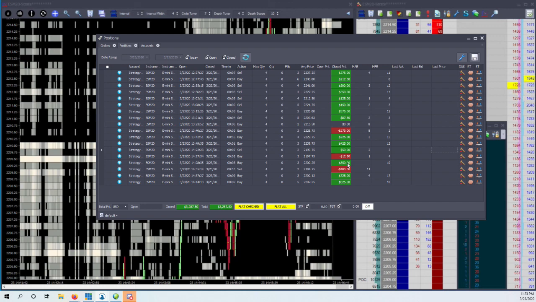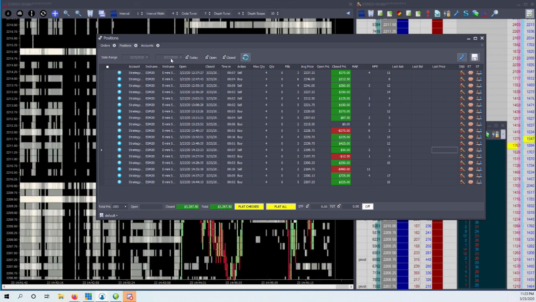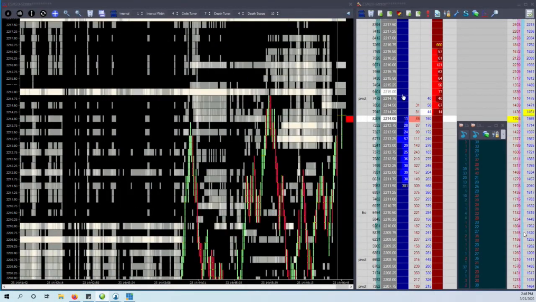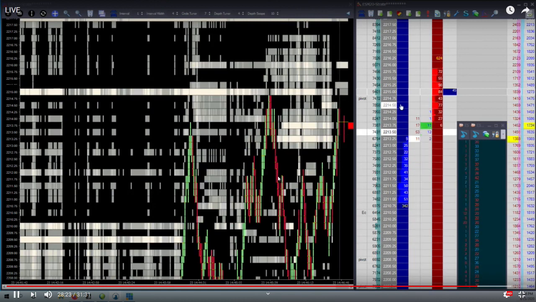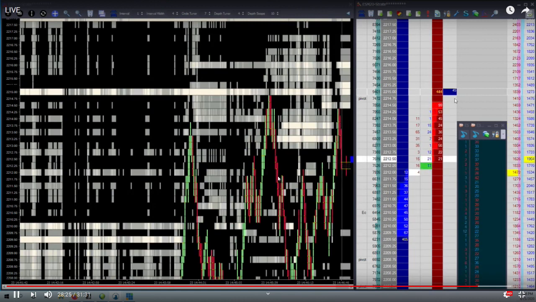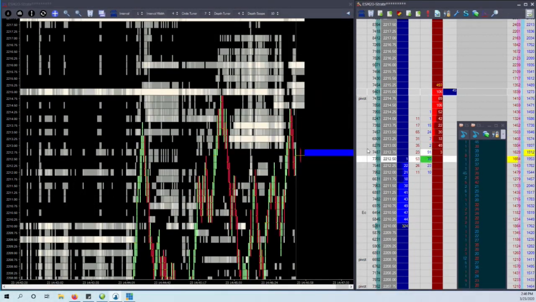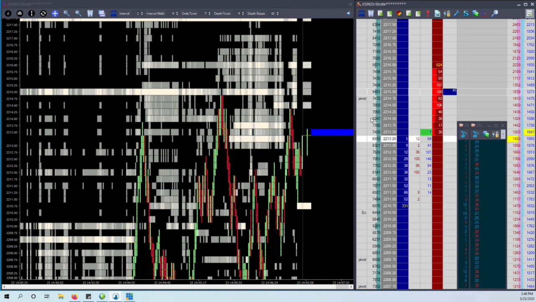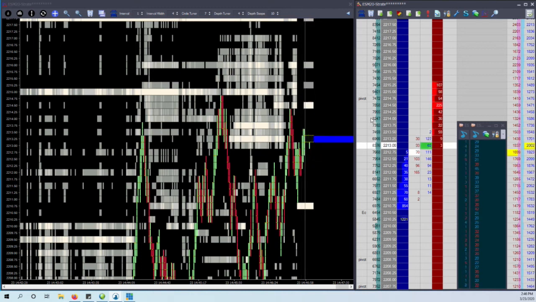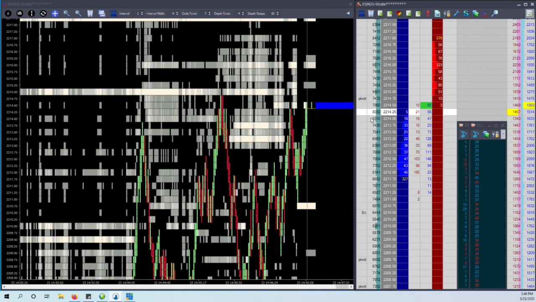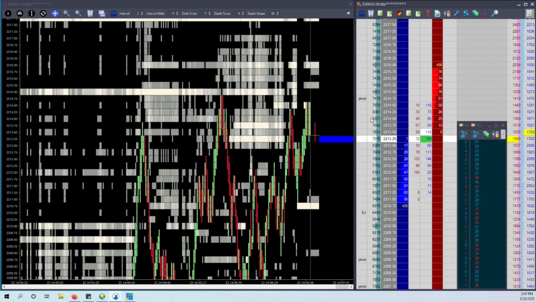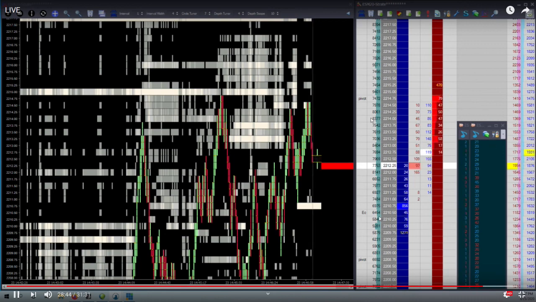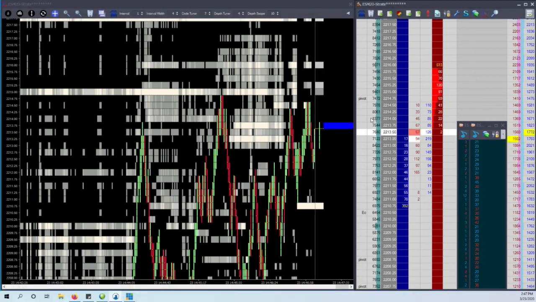Because you don't know what you're going to have to sit through to get that. Maybe you have to scalp your way into that position like 5 times. And by the time you scalp your way into this 50 tick win 5 times, you might be taking little losers, break evens, the commissions are adding up, and by the time I take 5 trades, those 5 trades could be worth 50 ticks.